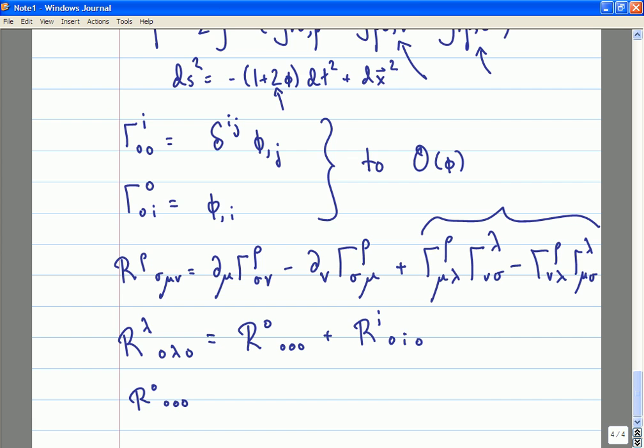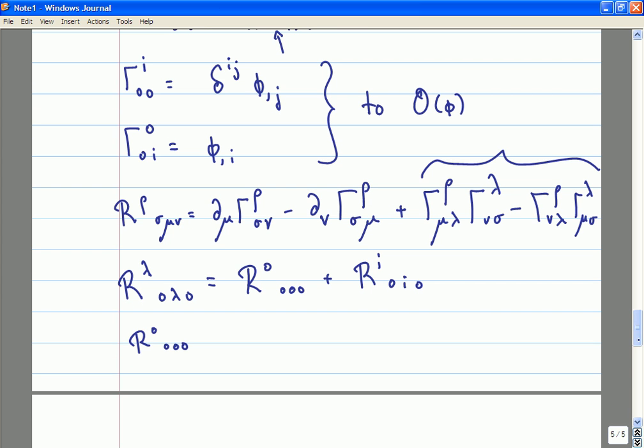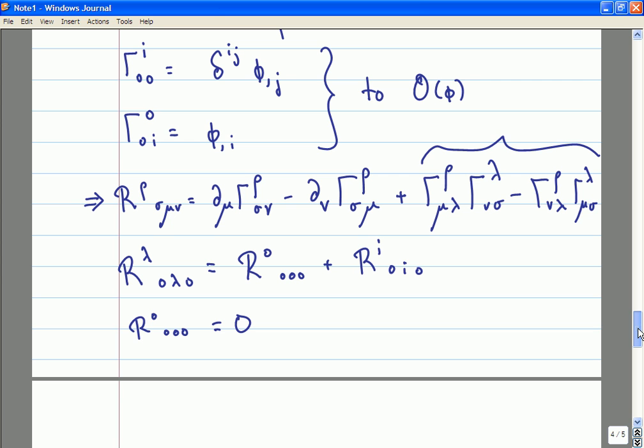As you can see by staring at the equation, that involves a time derivative, and everything appearing in this metric is independent of time derivatives. So that is equal to 0. And all we're left with is R^i_{0i0}. That is d_i gamma^i_{00}, just from this first term here, which, plugging in this equation here, gives delta^ij d_i d_j of phi.